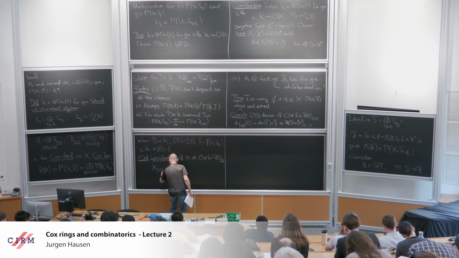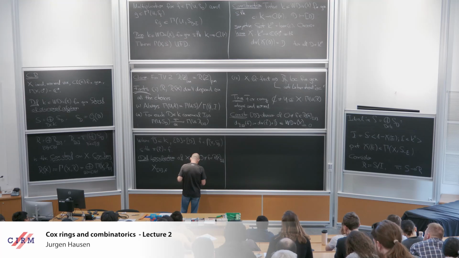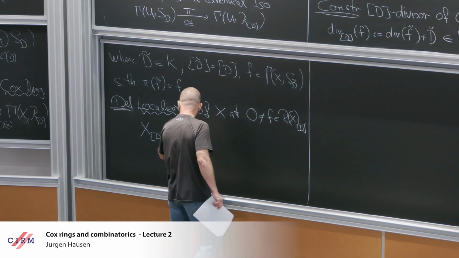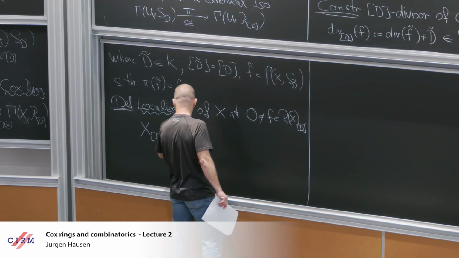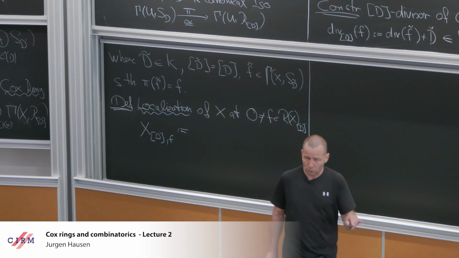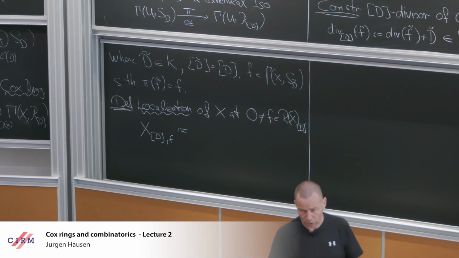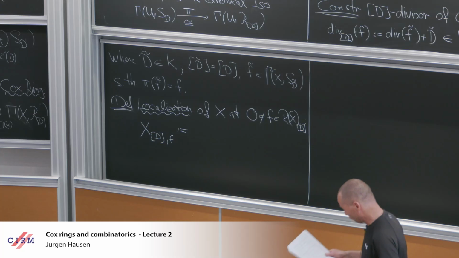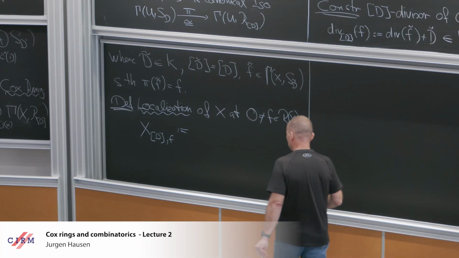We need D, we need this f, and what is geometric localization? In the affine case, you move out the support of the divisor of a function. That's what we are doing here as well.